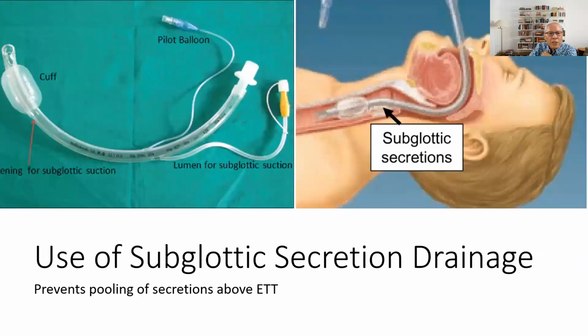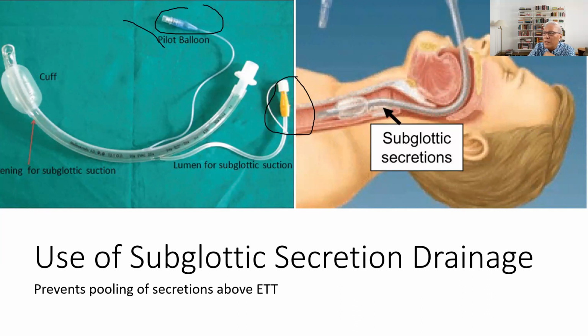And of course, the other thing is the use of subglottic secretion drainage. Now, if you notice that our endotracheal tubes now have two pigtails, and the first pigtail is the pilot balloon where you inflate the cuff.